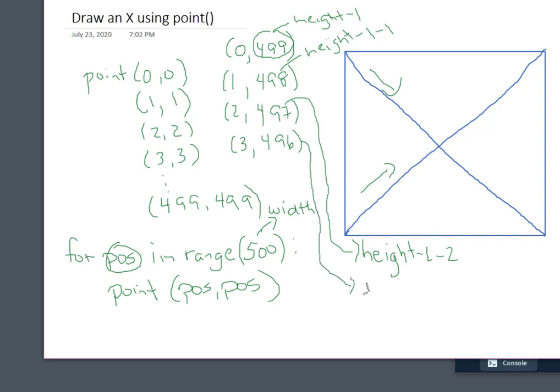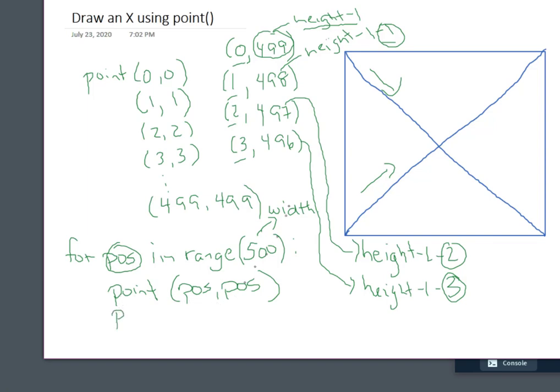This one would be the height minus 1 minus 3. So in each case, I'm subtracting 1 from height each time, because that gives me my first starting value. Then I'm subtracting 1, then 2, then 3, etc. You notice that these numbers here, 1, 2, and 3, are the same as the X values. That's an interesting observation.